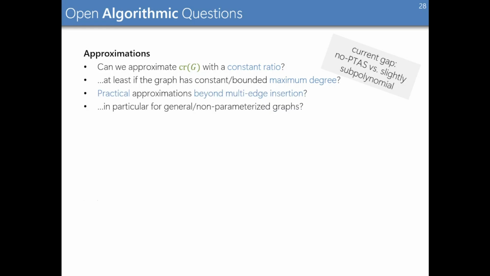Is there any approximation that can be done in practice apart from the insertion algorithms? We don't know of any. And even if I look in the heuristic space, where I don't care about guarantees and just want an algorithm that works well in practice, just any idea: despite the fact that the planarization heuristic has been around since the mid-80s, so that's like 40 years ago, it is still the only algorithmic idea to figure out good crossing numbers of graphs.